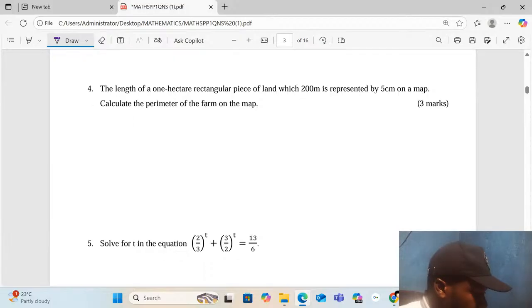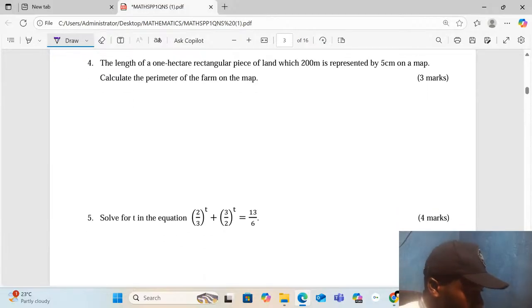Question number 4. The length of a 1 hectare rectangular piece of land, which is 200 meters, is represented by 5 centimeters on the map.